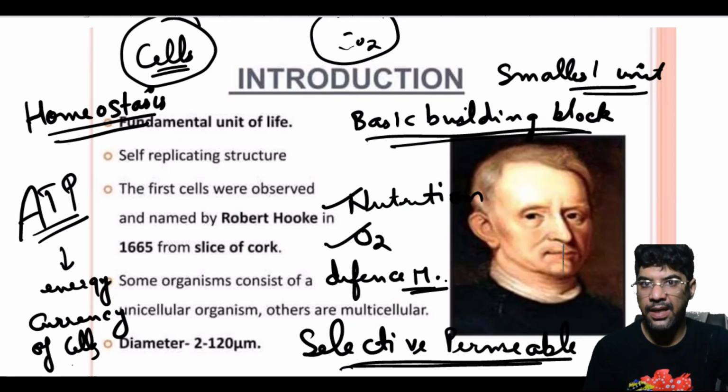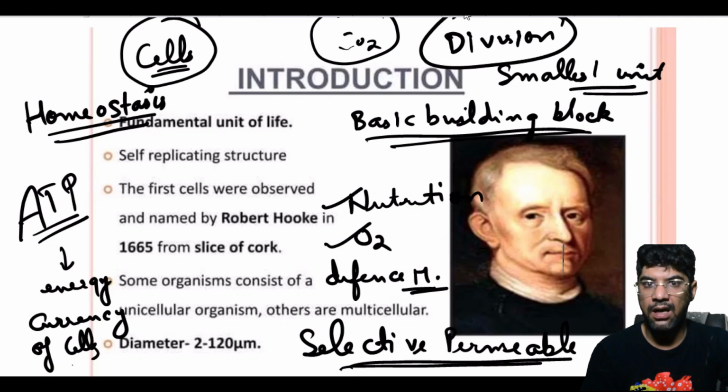Cells have a defense mechanism to protect the body from various foreign invaders like bacteria or toxic substances. Some cells, such as the white blood cells, are specialized to respond quickly to such threats, identifying and neutralizing them to prevent harm.